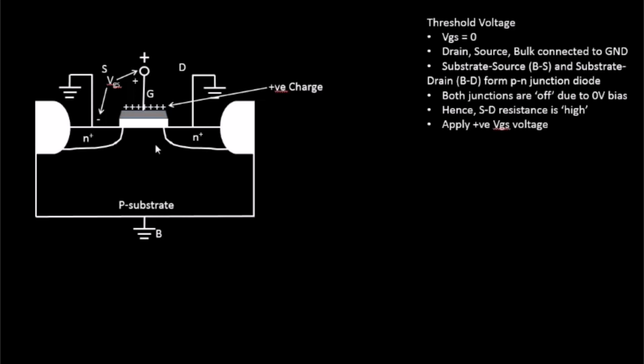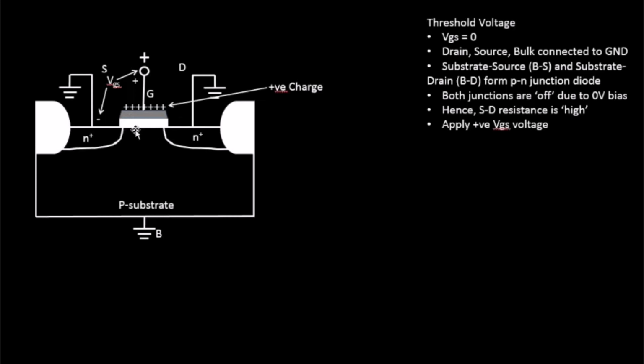P-type charges we generally call holes, and N-type we call electrons. Since this is a P-type substrate, the majority charge carriers will be holes, which are positively charged. So the direct impact that this positive plate will have is that it will repel all the P-type holes which are present in its vicinity.